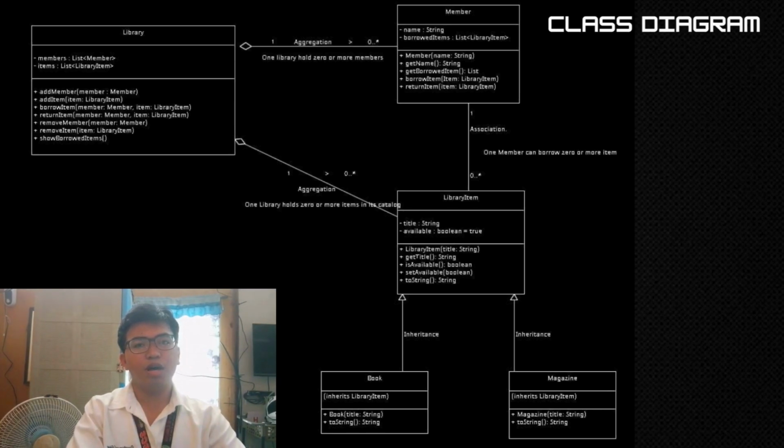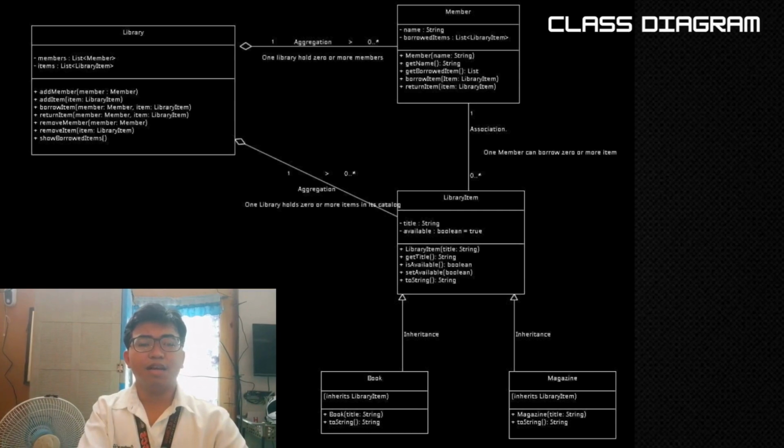Next, the third class is library item, which is a base parent class for the items that can be borrowed. It contains the title and availability status of an item and a basic method like checking availability. Other items inherit from this class.